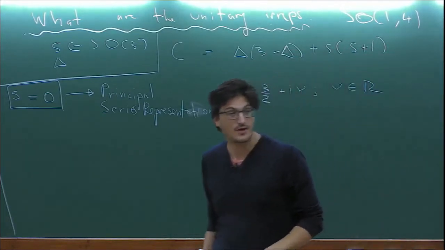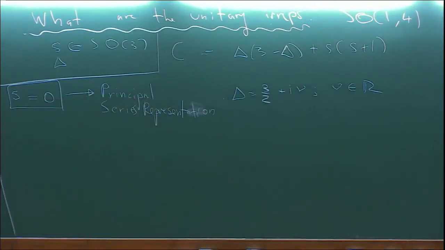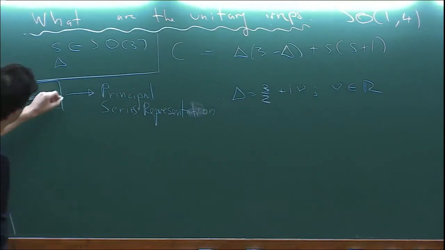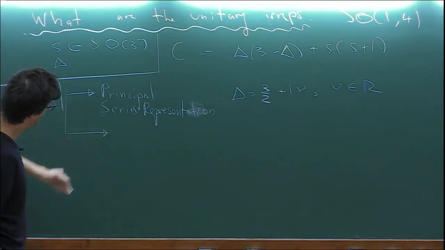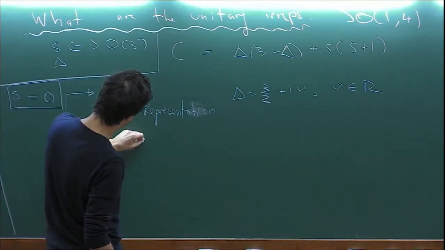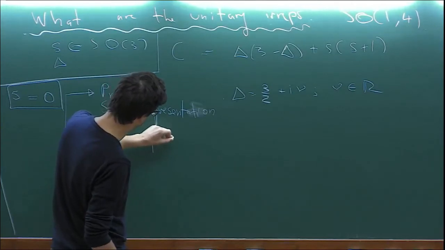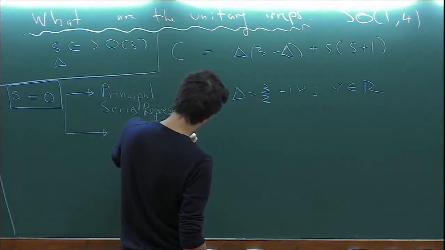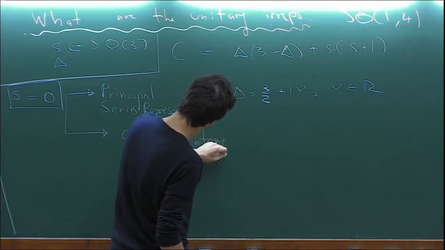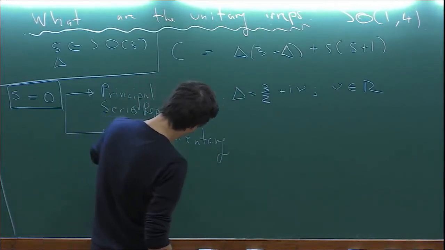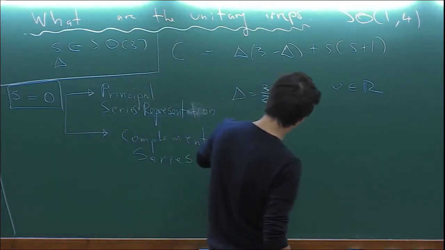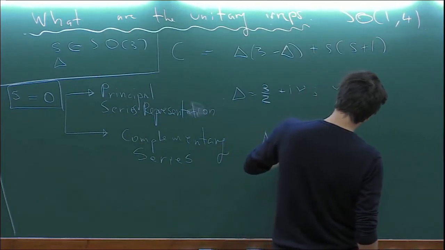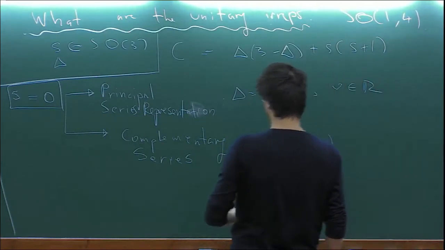Okay, so already here we're seeing a hint of the structure. Then there's something called the complementary series representation, where delta ranges between 0 and 3.